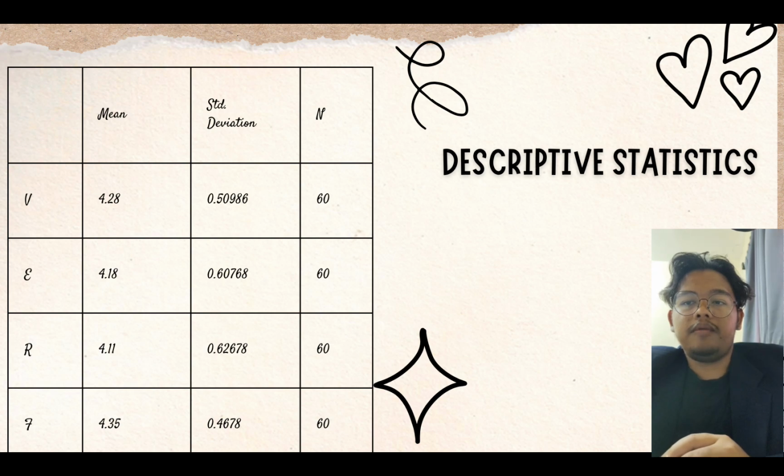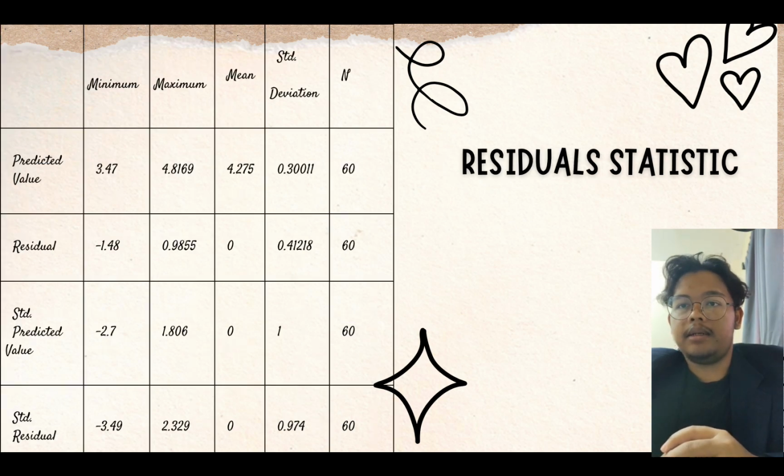Now we move to the variable E with a mean of 4.18 and a standard deviation of 0.207. The last one is 4.11 for the R IV and a standard deviation of 0.626. According to this table, N is the same, and that is 19.